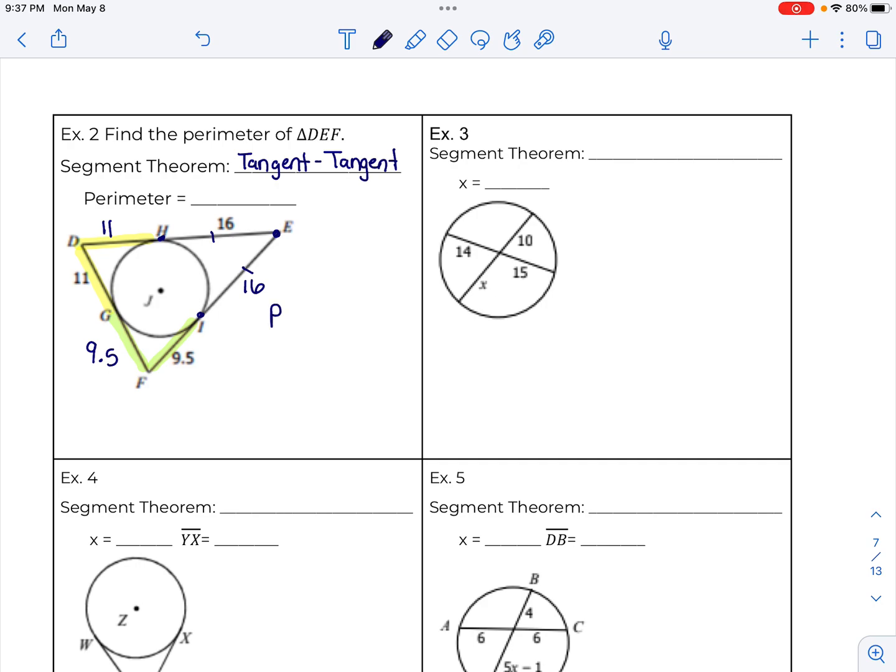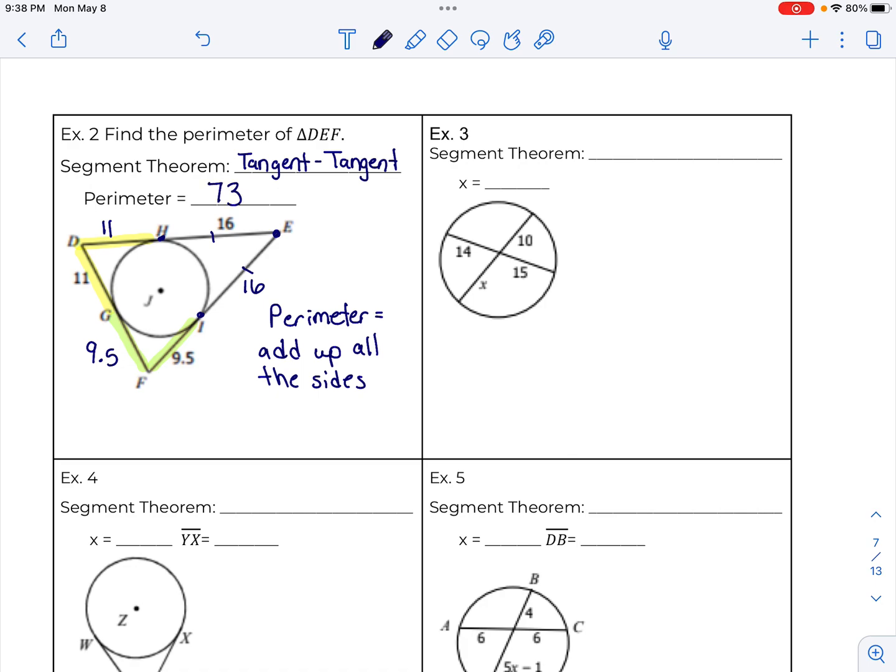Perimeter, adding up all the sides. So the total length was 73.